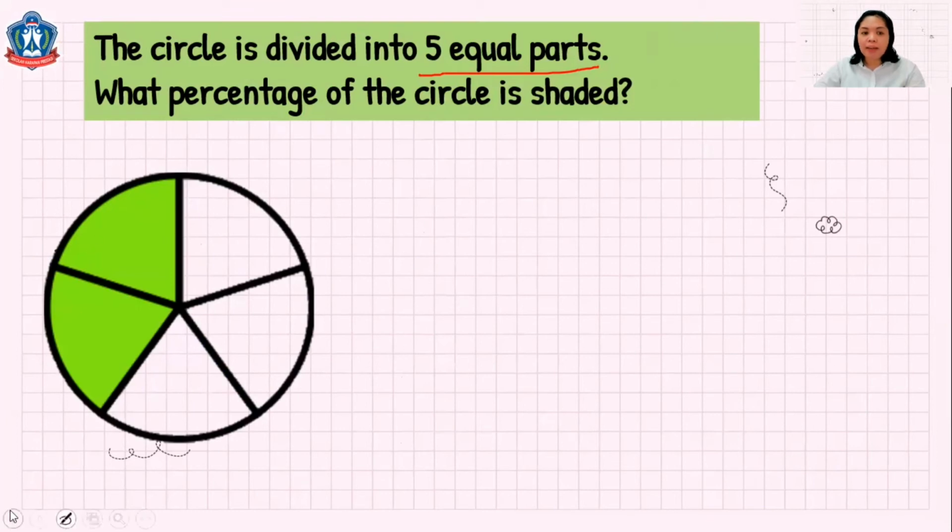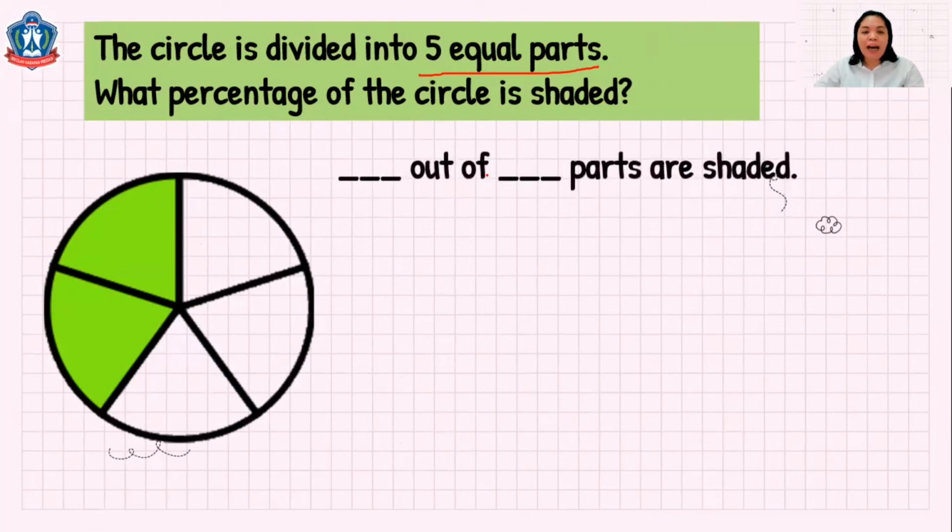Okay, just like the pentagon, you need to find first the fractional part. So what part is shaded with green? Blank out of blank parts are shaded. So how many parts? 2 out of 5. So what is our fraction? 2/5, right?